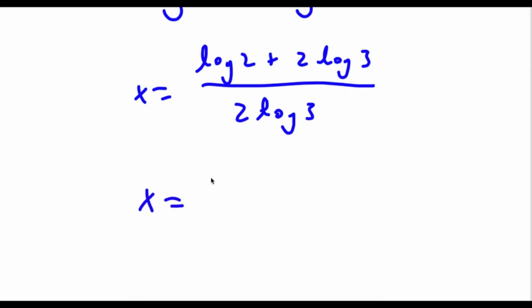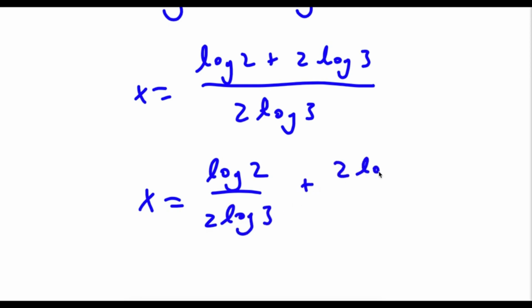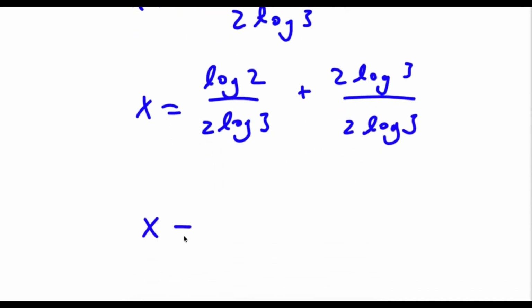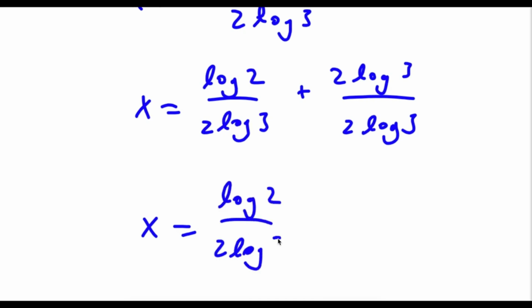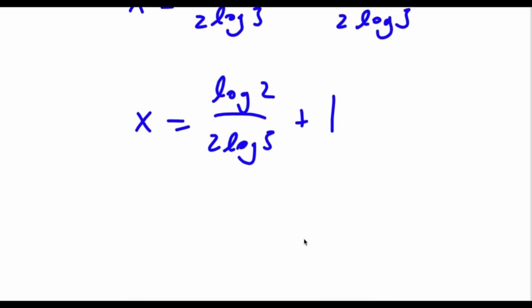Now this is the same thing as log 2 over 2 log 3 plus 2 log 3 over 2 log 3, and 2 log 3 over 2 log 3 is simply equal to 1. So I have log 2 over 2 log 3 plus 1.